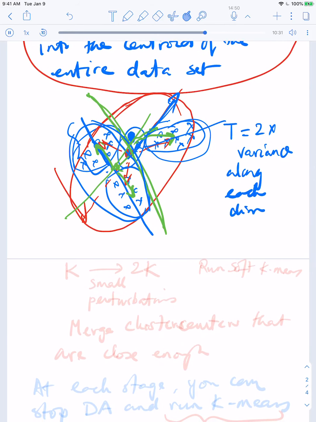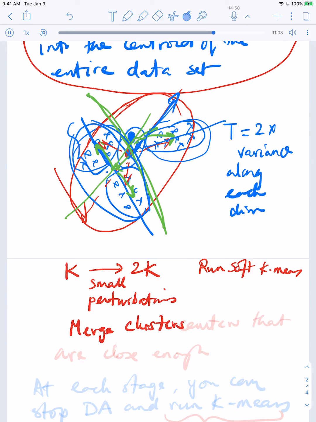The particular algorithm I've suggested is, if I'm currently at k legitimately different cluster centers, I create 2k of them with these small perturbations, then run soft k-means, and then merge the centers that are close enough.